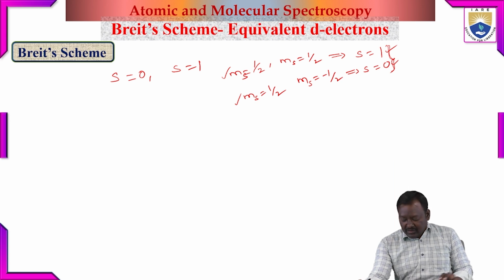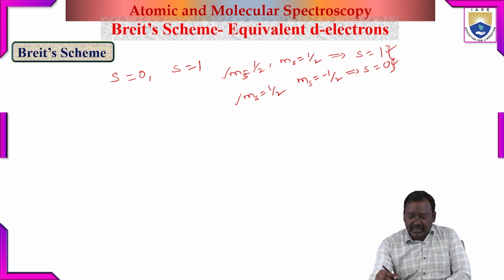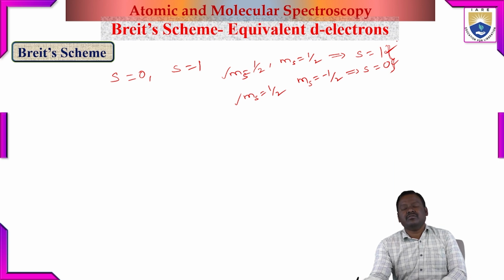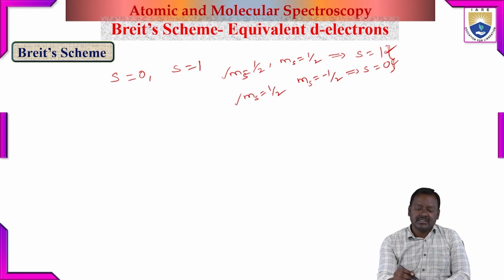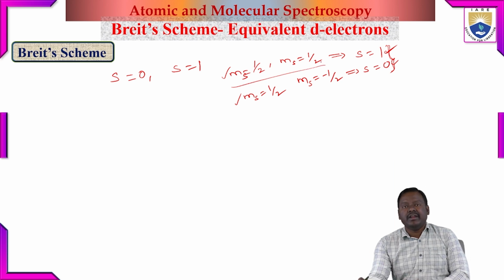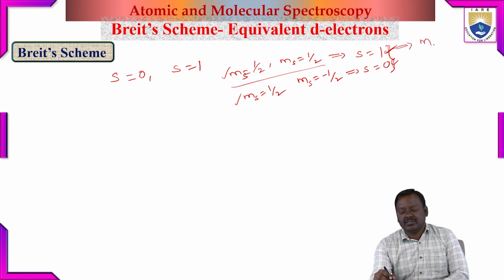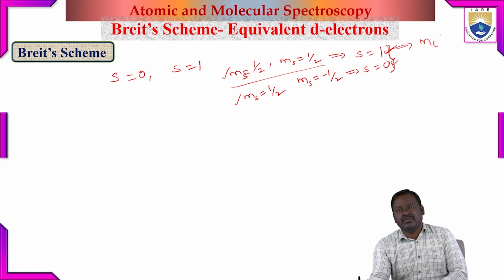Okay. So whenever we consider s equal to 1 for those two electrons, that means the two electrons having the same ms value, then the two electrons must have different ml values.